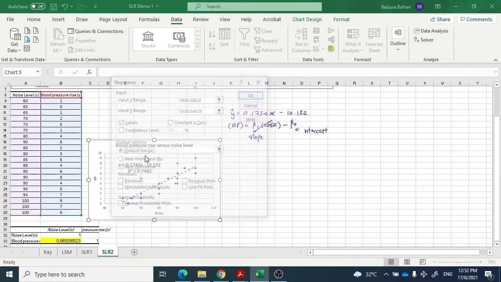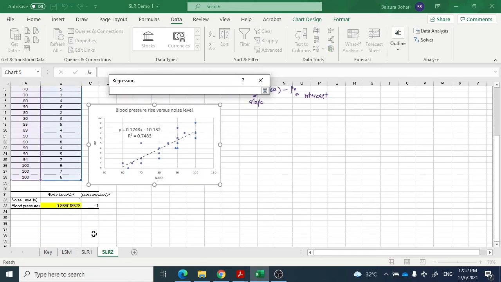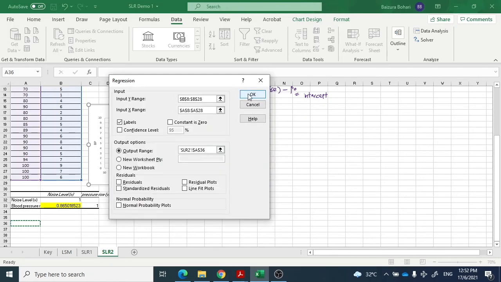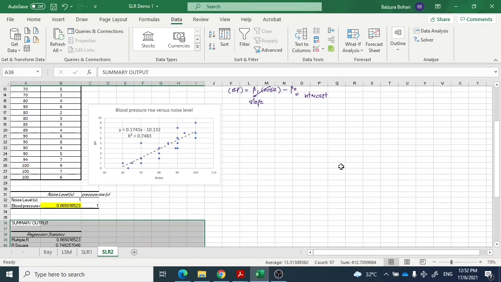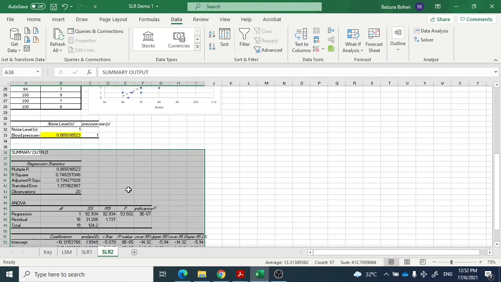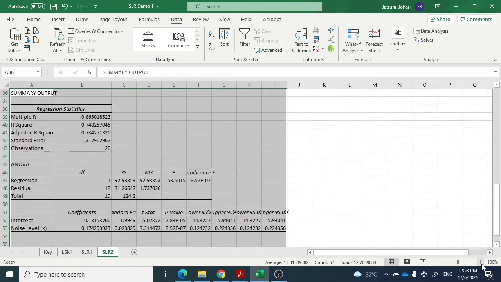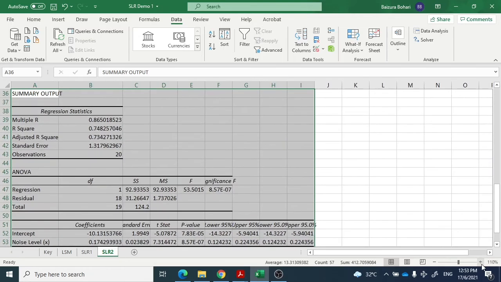So click output range, where you want to put your results. So we click here and then click OK. There you have a summary output of our regression analysis.